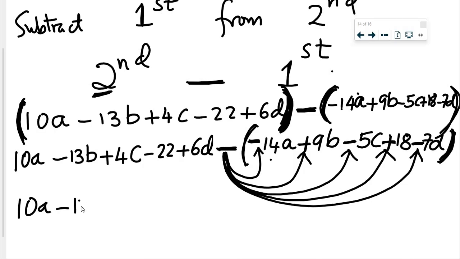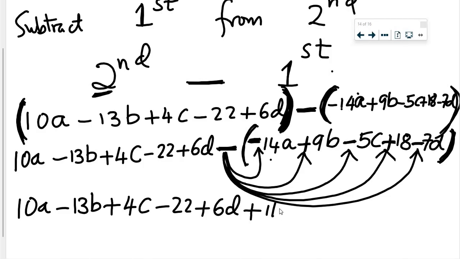To do this, you copy paste all this again. 10a minus 13b plus 4c minus 22 plus 6d. This negative will turn into positive, 14a, and this will become minus 9b, then it will be plus 5c, then this will be minus 18, and this will become plus 7d.